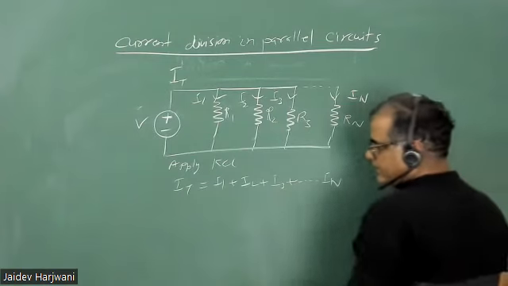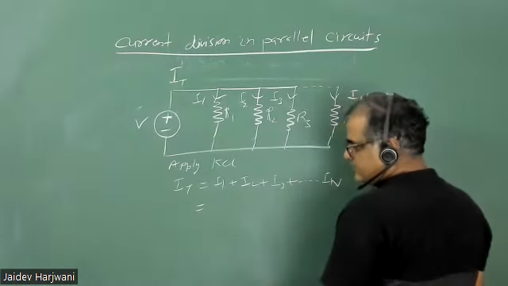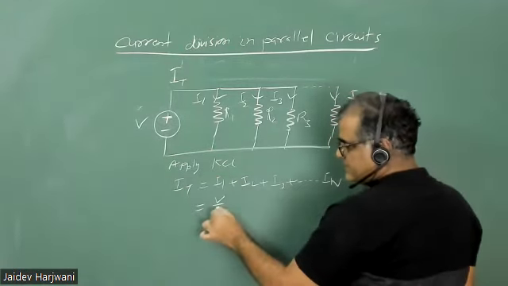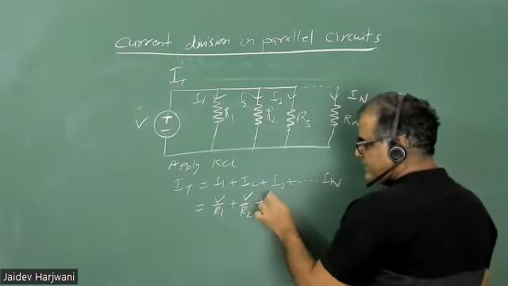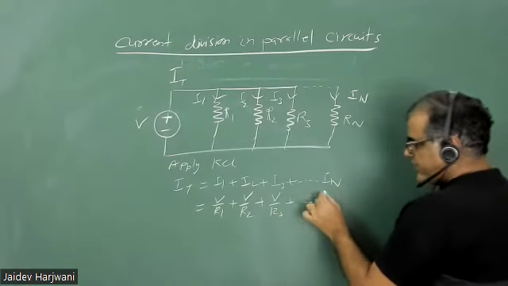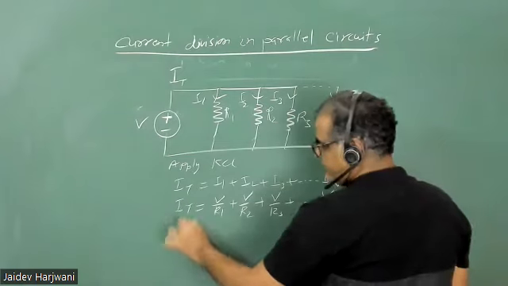Now I1 is voltage divided by resistance, and voltage is the same across each, equal to V, and resistance is R1. Voltage is the same, resistance is R3, and so on. You can write voltage upon Rn.